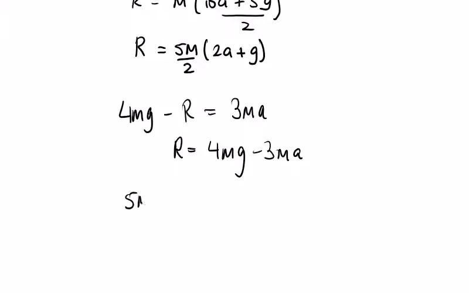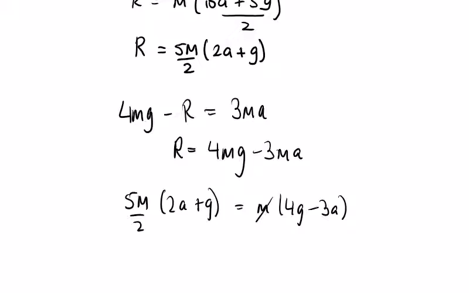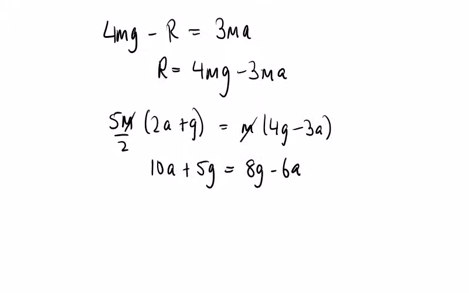So I can say that 5m/2 by 2a plus g has to be equal to m times 4g minus 3a. Cancel my m's, multiply by 2 and simplify. So I get 10a plus 5g is equal to 2 times the right hand side, 8g minus 6a. I want a, so I get 16a is equal to 3g.